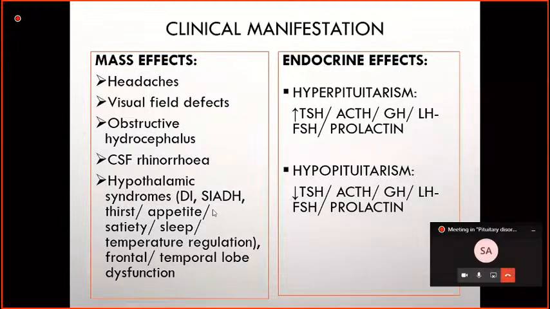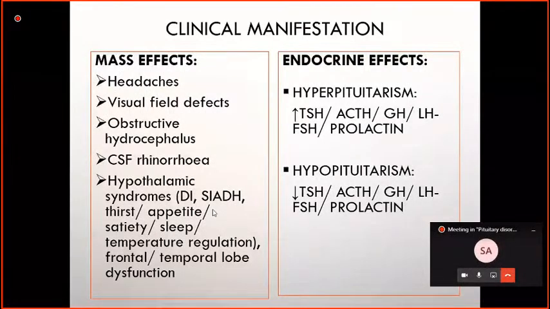We will talk about it. But at the same time, because this tumor is also a mass, it can compress the surrounding pituitary, in other words other cells in the pituitary, so at the same time you can have deficiency of other hormones.